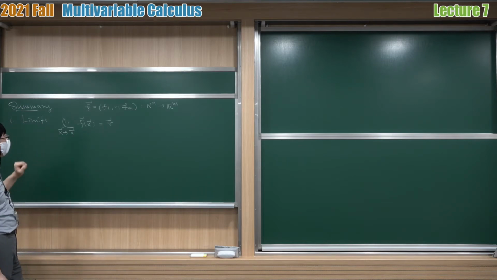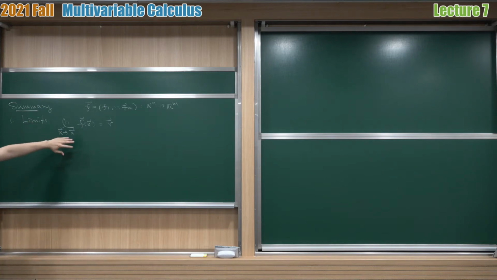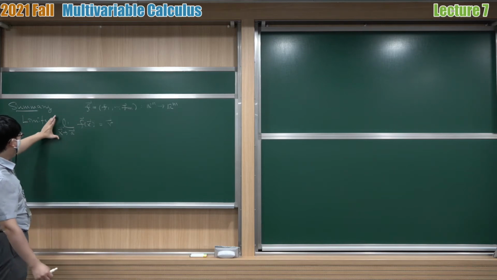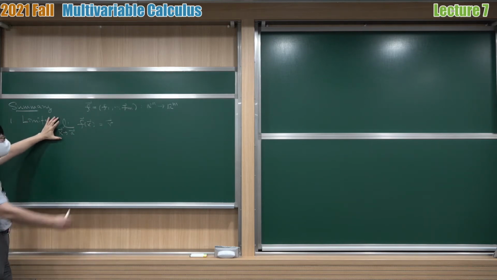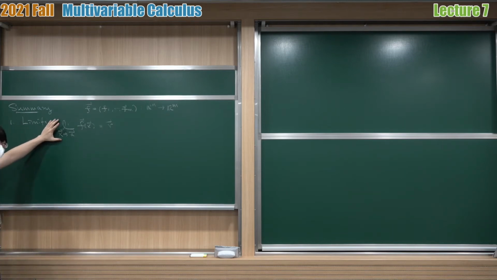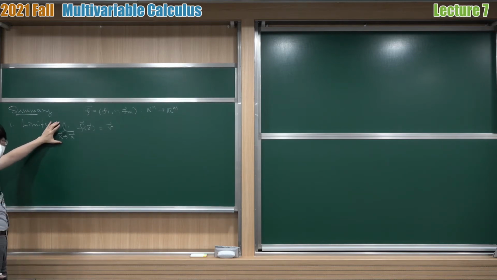Okay? But when you have to show that this happens, you have to be rigorous about how to prove that the limit actually equals this vector. And the method of proof is using the epsilon delta method. Probably you heard it in single variable calculus, or not. But I'm not going to talk about that because it's a purely mathematical argument.